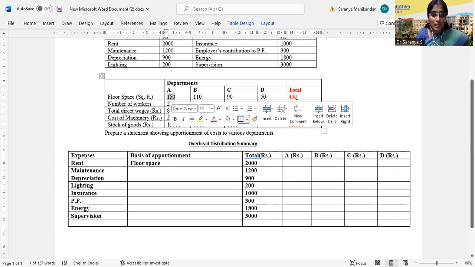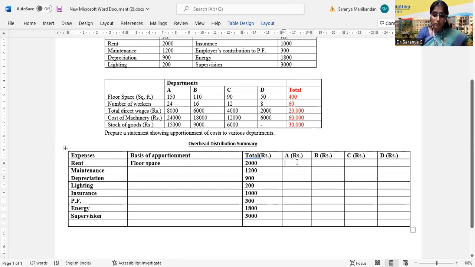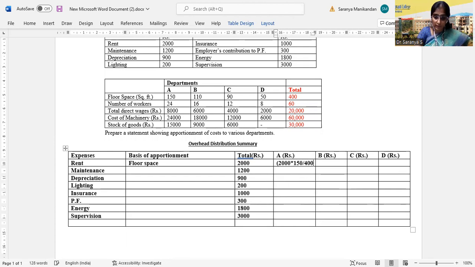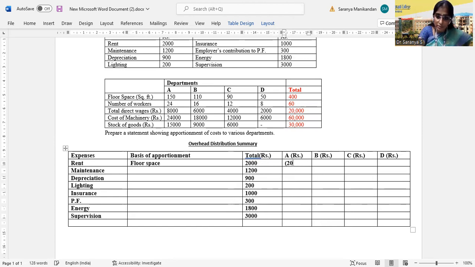So the calculation goes like this: 2000 into 150 divided by 400. First, I'm writing it here alone. So we have 2000 into 150 divided by 400. Like this, the calculation should go. We will get 750.